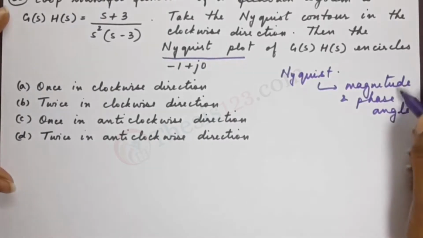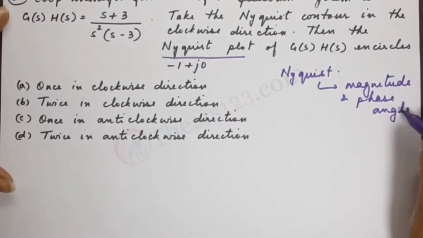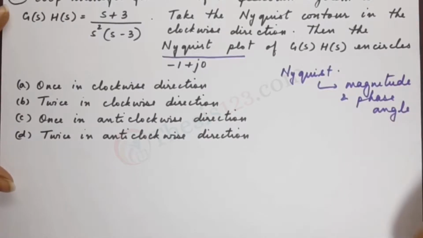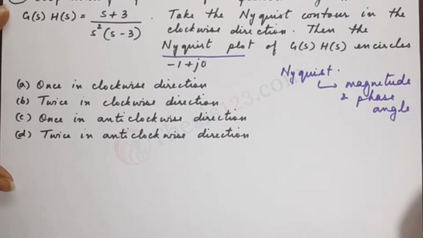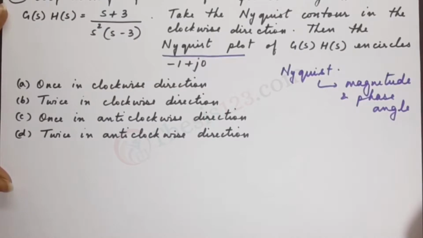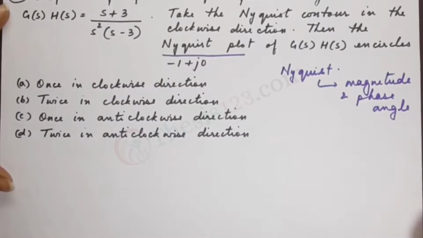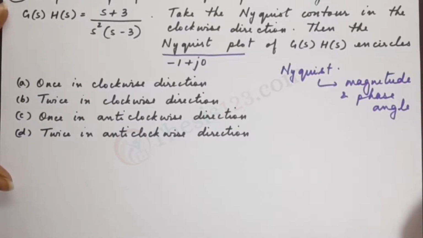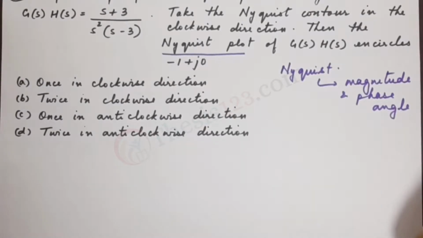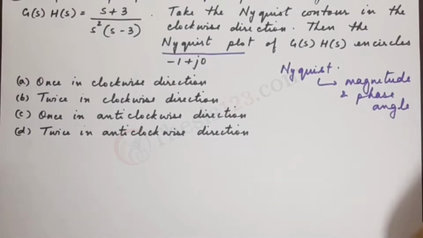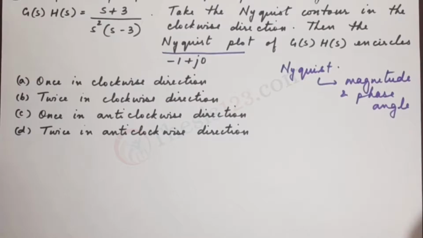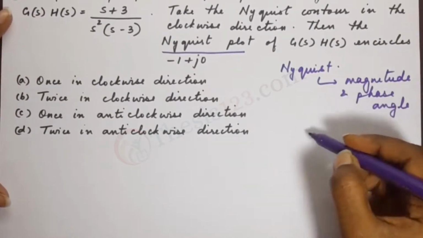We will go over both these calculations, and in order to plot the Nyquist plot, we need to determine the region where the plot needs to be drawn. The region is very important because the entire plane is the S-plane. You should know that the Nyquist plot is drawn on the S-plane.